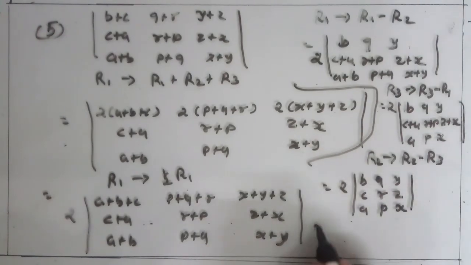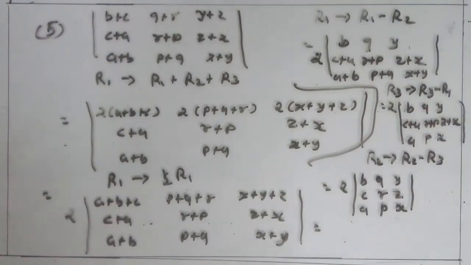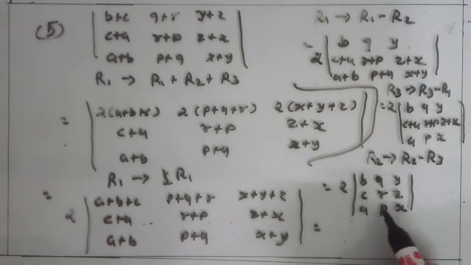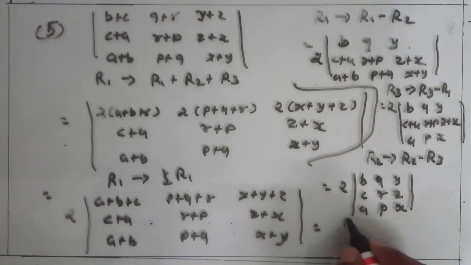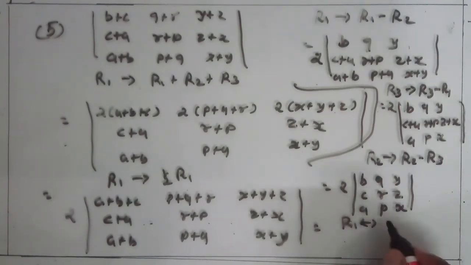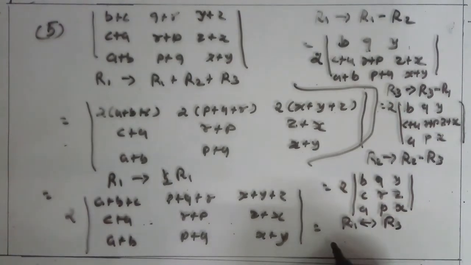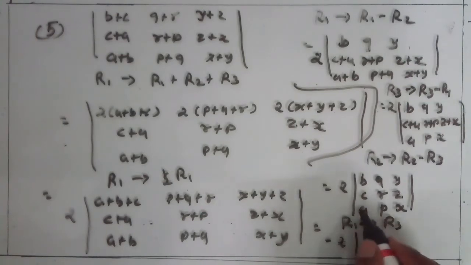Clear this? Now in our required determinant, we want to get A, P, X, second B, Q, Y and third this. So first interchange these two. Clear? So R1 and R3 interchange. So we get a minus 2. We know that the third row becomes first.